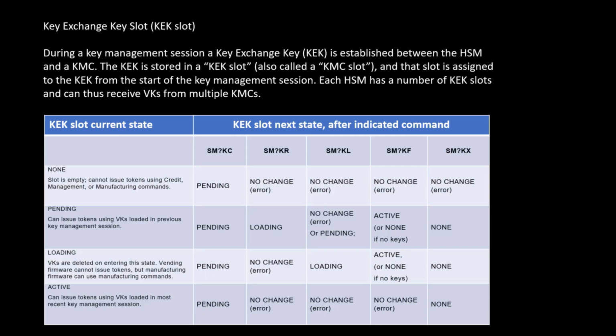Then if you go from a pending state and you issue an SMKC command, it remains in pending. If you issue an SMKR command, it goes into loading state and all the rest remain no change or pending. And if you issue an SMKF command, it goes into active or none if there's no keys, and so on. You can read through that on your own.